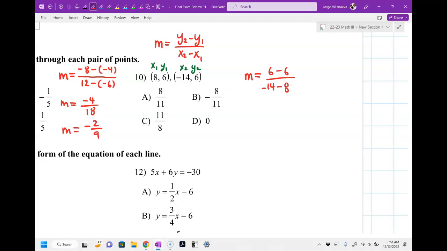Again, I didn't put a parenthesis around those because the numbers weren't negative when I subtracted. It wasn't minus a negative number. It was just minus a positive, so I don't need to put it in parentheses. So 6 minus 6 is 0 over negative 22, which is 0. So that's number 10.